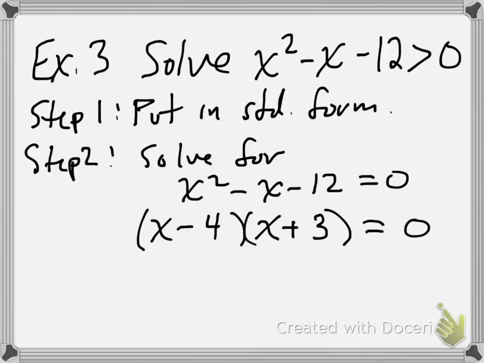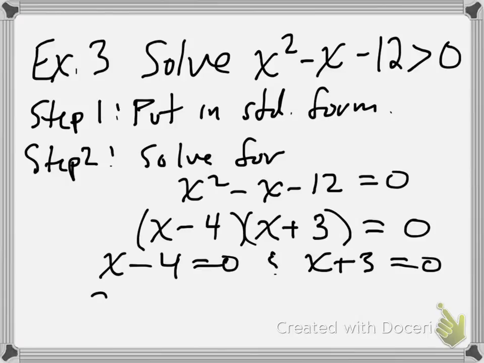Their sum is negative 1, so we're good. And then I set both of these factors equal to 0 and solve. And I'm going to get my solutions. So my solutions are going to be x equaling 4 and x equaling negative 3.